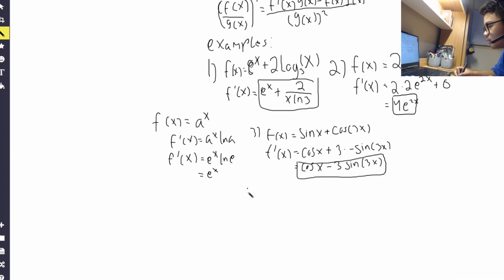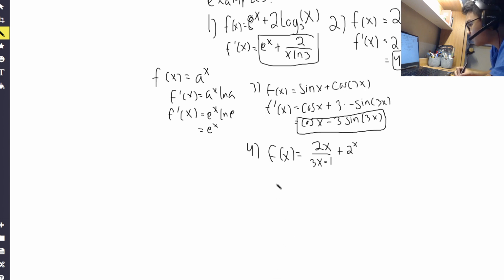Now number 4, of only 5 examples. f(x) equals 2x over 3x minus 1, plus 2 to the x. For f'(x), we have to use the quotient rule.